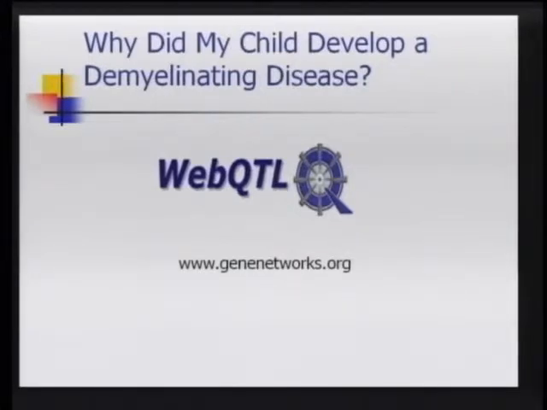Okay, so over the years in our laboratory, we've been interested in the genetics of axon guidance. And there has been a very powerful computational biology technique that's come to the forefront over the last few years and really helps us address why my child developed some sort of demyelinating disease.